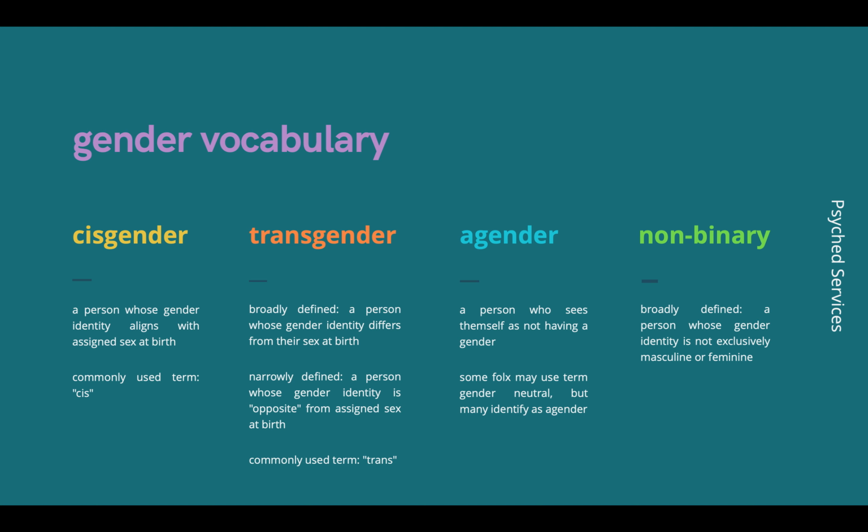And so there's kind of a broad umbrella definition, and that's a person whose gender identity differs from their sex at birth. So if you remember earlier when I referenced those stats, I told you that the stats included people who identify in different ways. So people who might be non-binary or gender fluid or gender expansive. All those kind of fell within that trans umbrella.